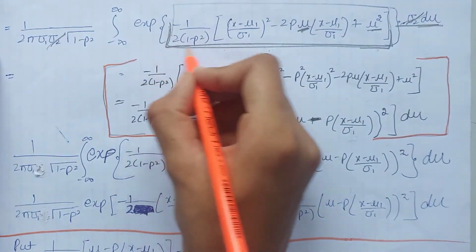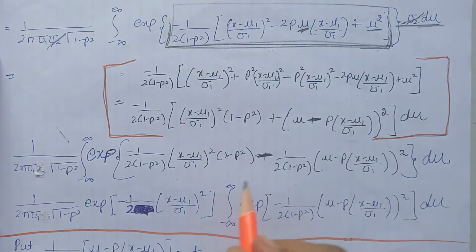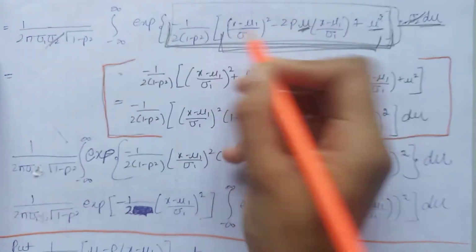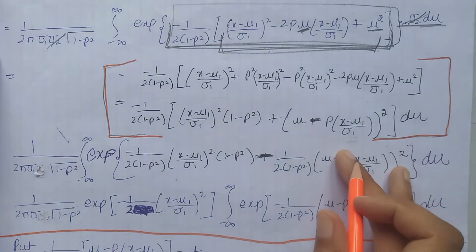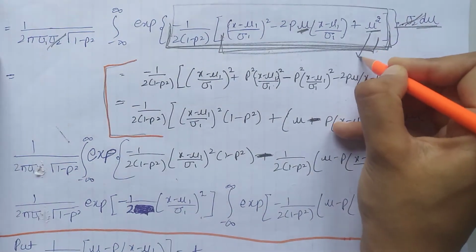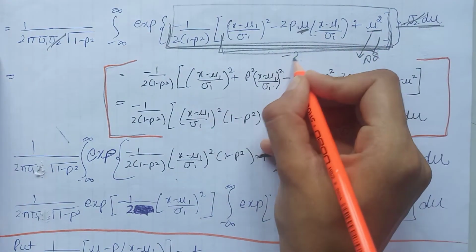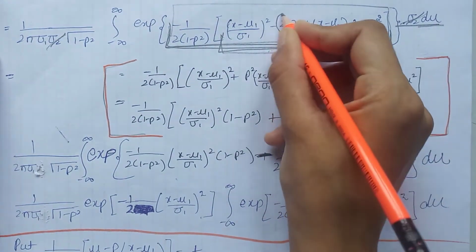Now firstly we will calculate this expression. If we want to make it in the form of (a plus b) square or (a minus b) square, we suppose that this is our a square. Then this must be our minus 2ab.